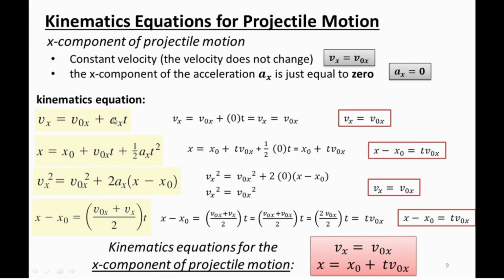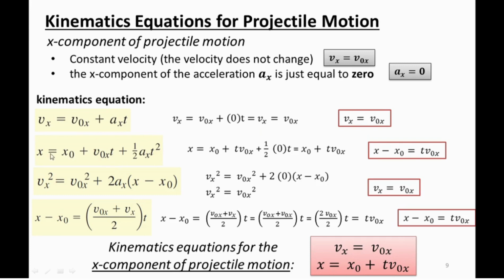The projectile motion says that the x component of the acceleration must be equal to 0, which means that this term here must be equal to 0. So this equation will be reduced to this. This is 0, and so this will give us that the final horizontal velocity is just equal to the initial horizontal velocity. So this will reduce to this.